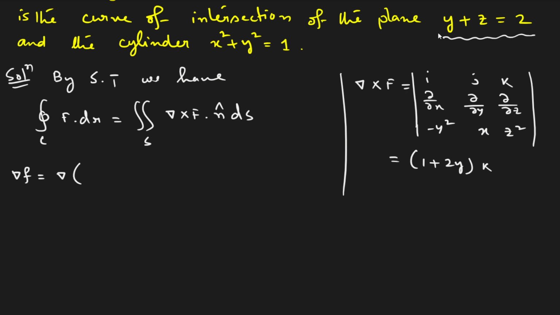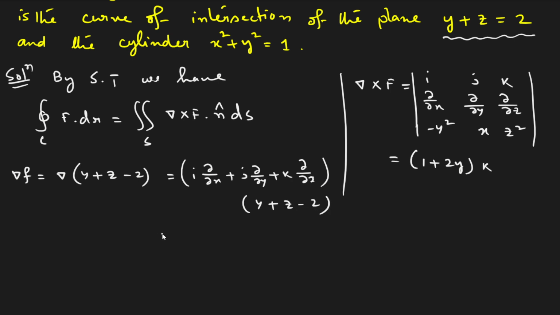So let us find for the plane, y plus z, if you write, then minus 2 also. So del is i del del x plus j del del y plus k del del z, with this what we have? y plus z minus 2. So when you find, you will get how much?